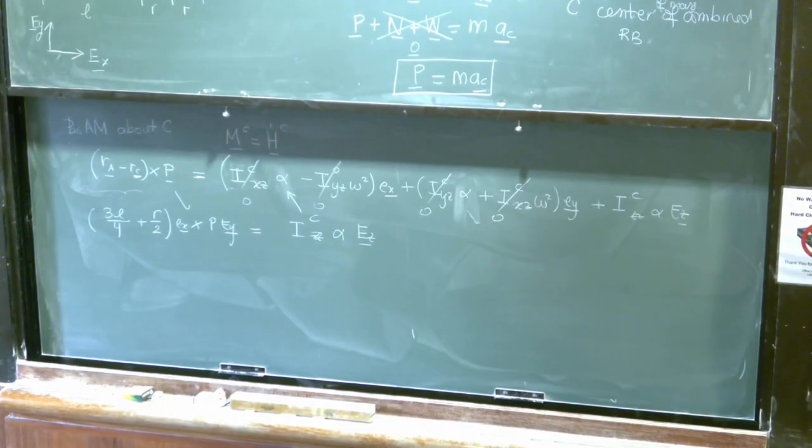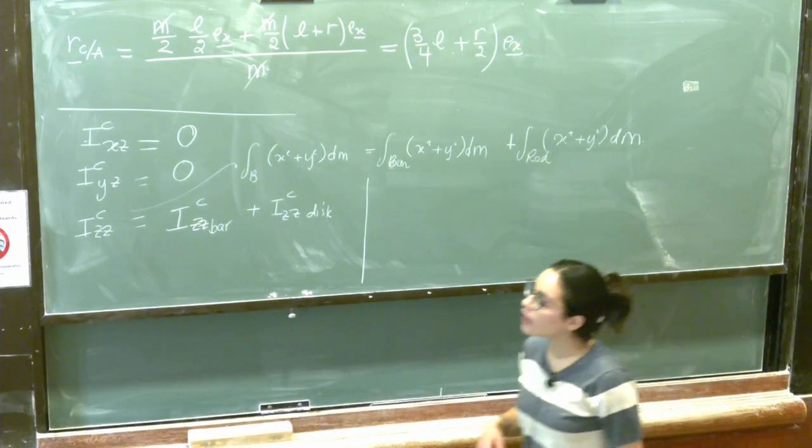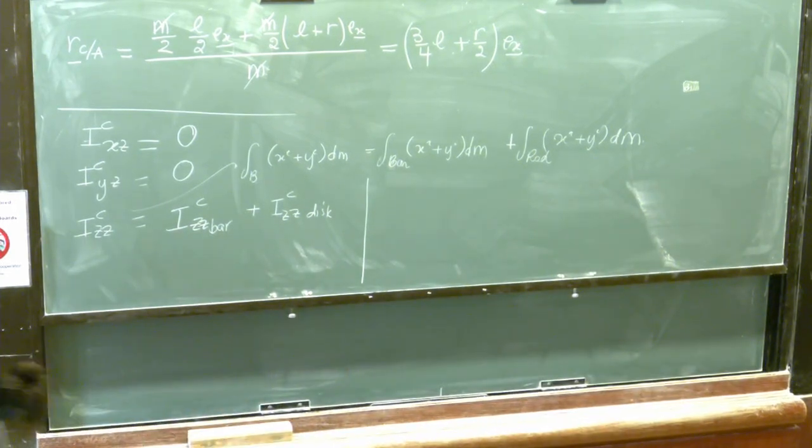Now, can I find these moments of inertia in the tables? Really? The moment of inertia of the bar about C, which is at this distance from the end of the bar? No, I cannot find these values in the table. I will need to use the parallel axis theorem.